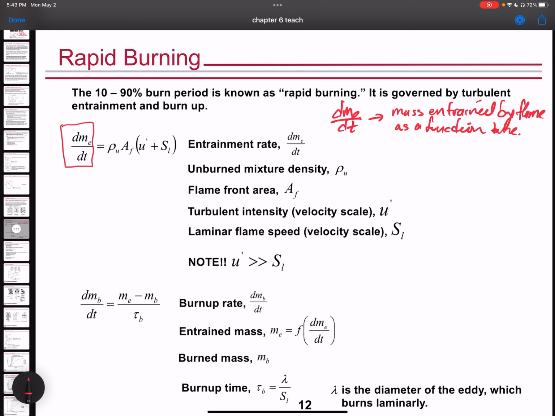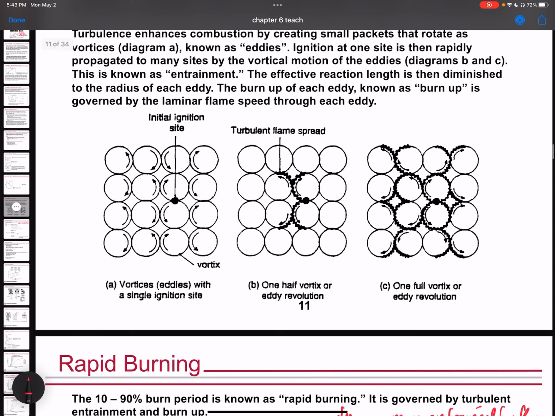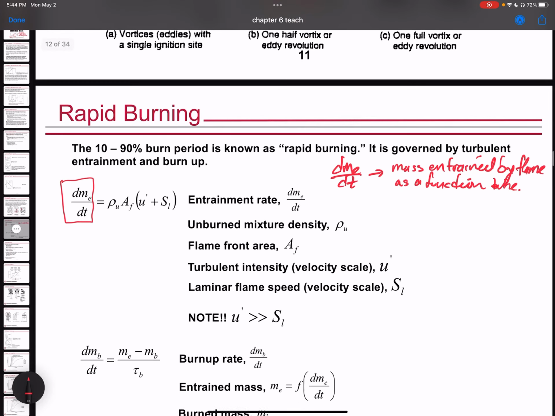If we go back to our ink roller example, the mass entrainment rate, dme by dt, would be the rate at which I pass this flame through all of my various eddies throughout the whole mixture. It's how quickly I can entrain each of these eddies with a flame. That's my dme by dt.